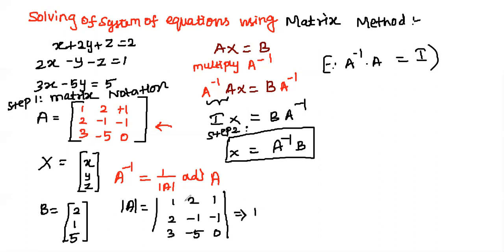So we'll be writing the A11 first and its corresponding minor. So that is minus 1, minus 1, minus 5, 0. And you'll be writing minus A12, A12 is 2, and its corresponding minor, which is 2, minus 1, 3 and 0.